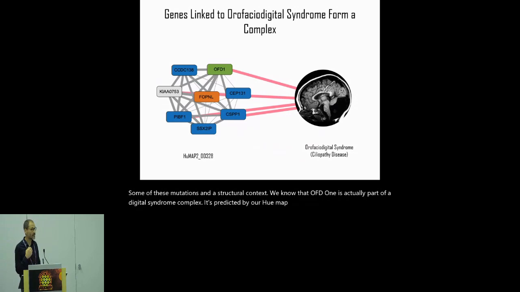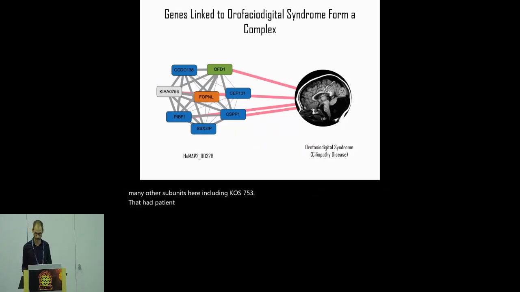And so we can take the high confident direct contacts from this complex and identify OFD1 is directly interacting with FOPNL, and FOPNL is directly interacting with this KIAA0753. And there are many other subunits here, including KIAA0753, that have patient disease mutations.